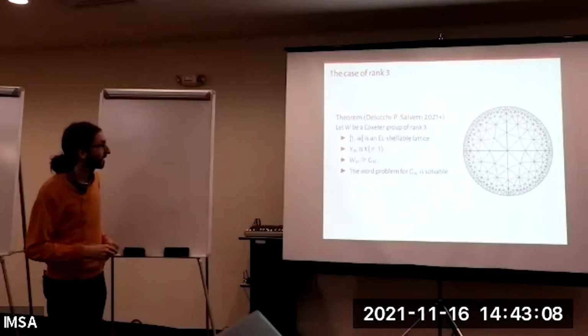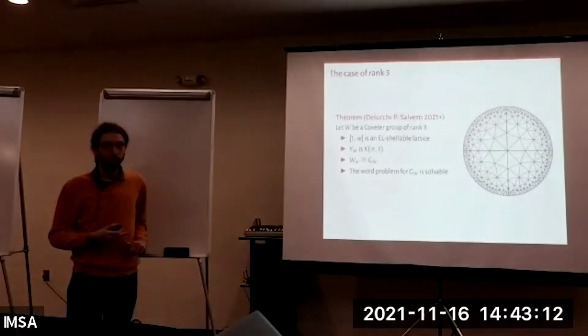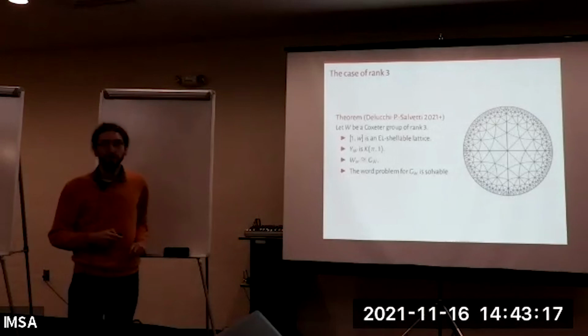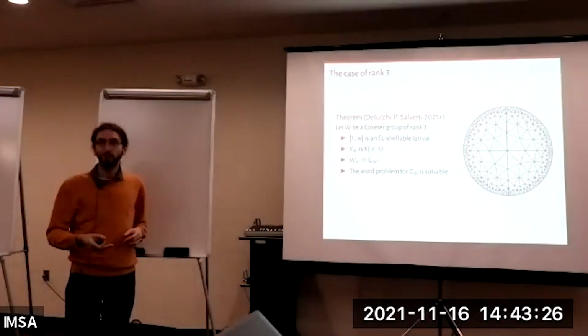As for the last slide, what we are actually doing, and it is working, is the rank 3 case in general. So with 3 generators, so in some sense quite basic, but beyond affine cases.